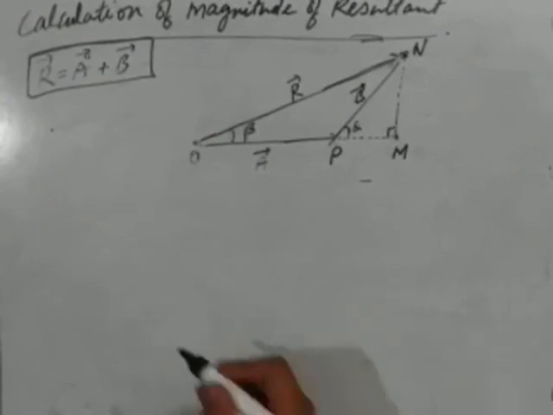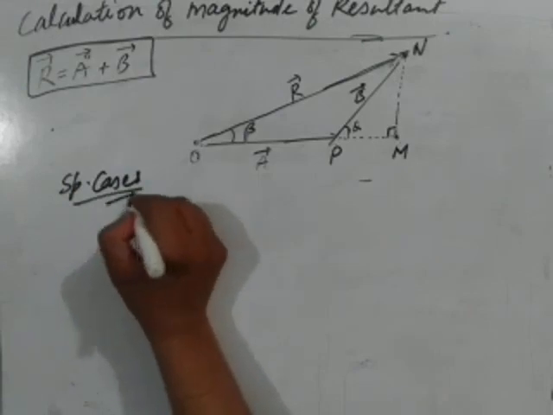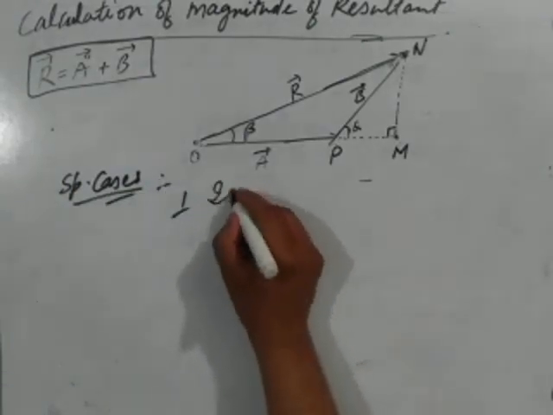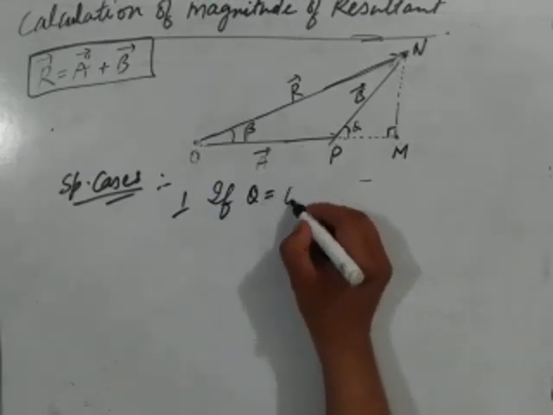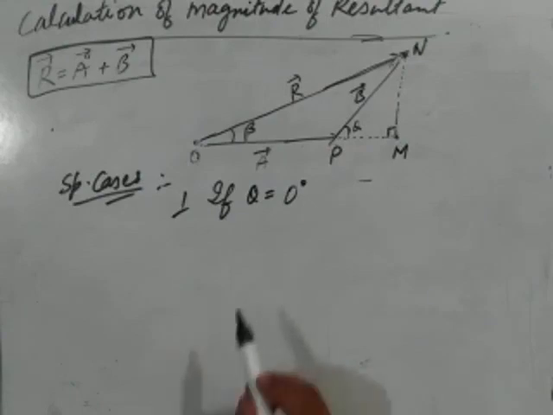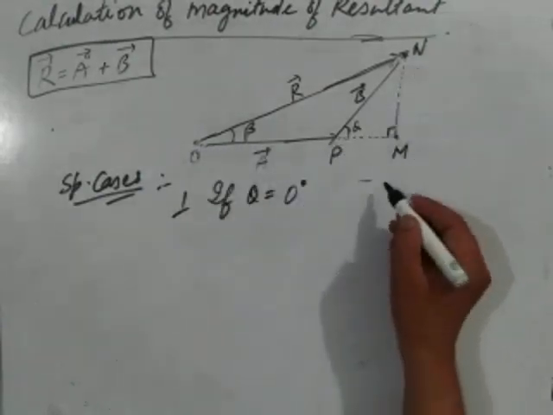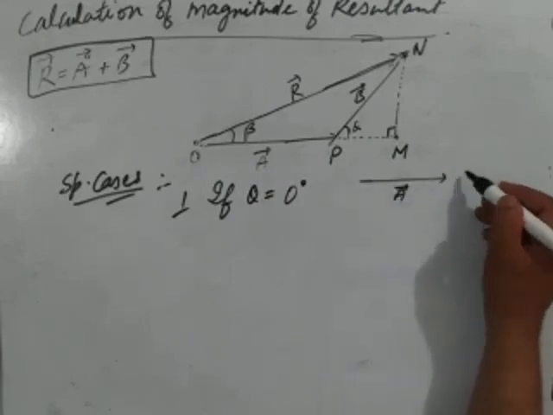Now take certain special cases. Number 1, if theta is equivalent to 0 degree, that means the angle between vector A and vector B is 0. They are like this, A vector and B vector.